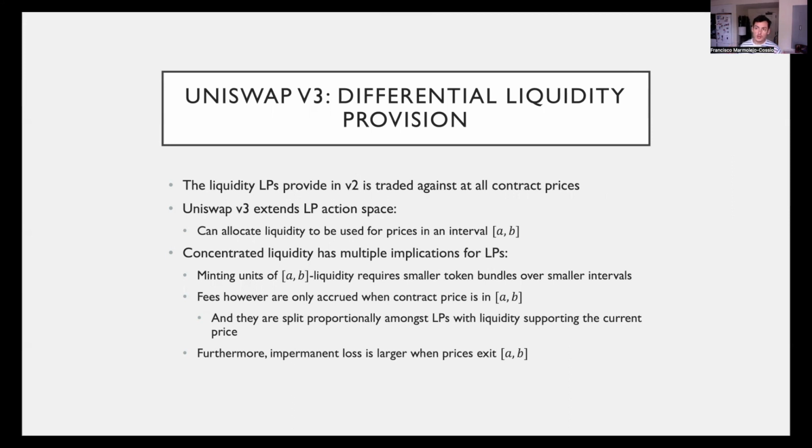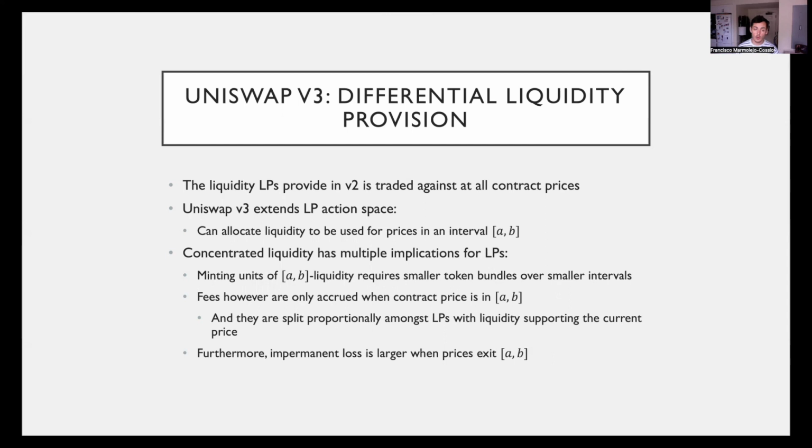So the first thing to notice about Uniswap V2 is that liquidity providers are providing bundles of tokens that are used for trading by traders, and that have the property that no matter what the price of the asset is, no matter where we are on that reserve curve that I mentioned before, the liquidity that one has provided will be used for trading at any of these prices.